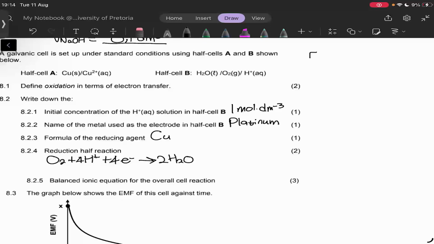We know that the cell potential for a galvanic cell needs to be greater than 0. That's the first thing. We know it's greater than 0 because it's spontaneous. Spontaneous redox reactions have cell potentials greater than 0.